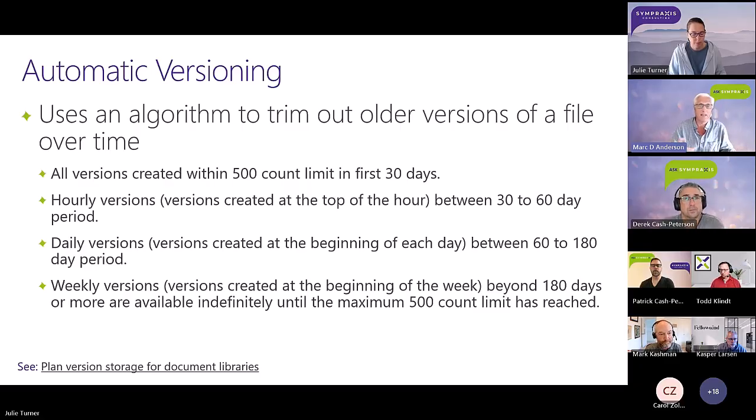And if you think about it, that makes sense. You might want to go back 10 versions. You might want to check what you said in version 30, 30 versions ago, whatever. In the 30 to 60 day period, it only saves hourly versions. 60 to 180 days, it only saves daily versions, and 180 days and out, it only saves weekly versions.